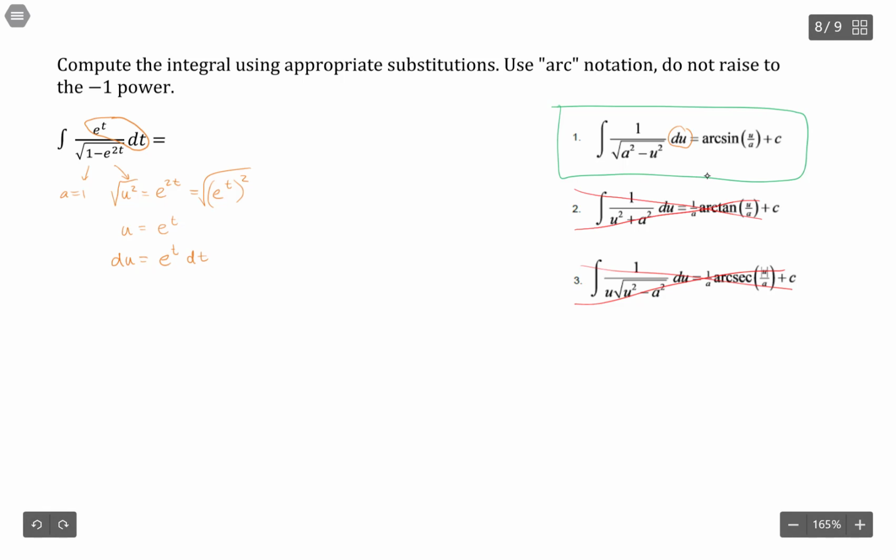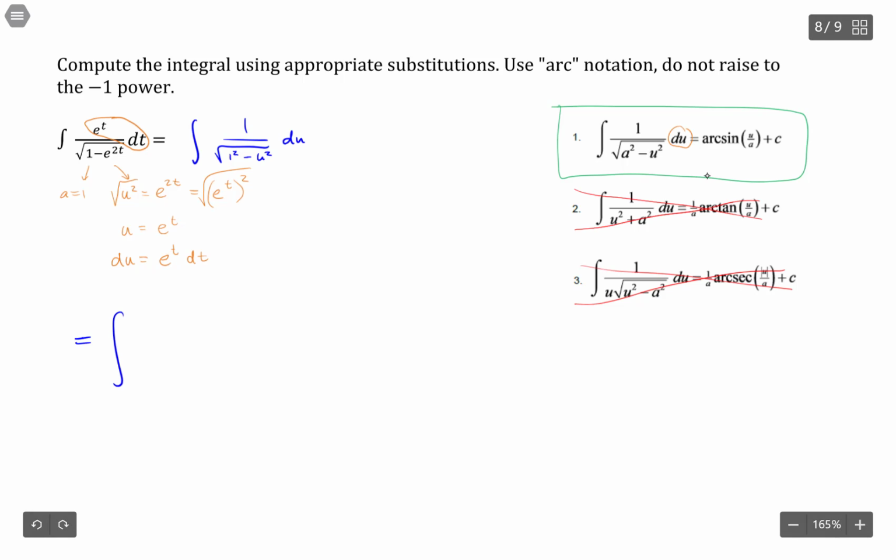This effectively changes us into the integral of 1 over the square root of 1 squared minus u squared, where u is e to the t, so minus e to the t squared, and du equals e to the t dt. That is exactly the form that we need in order to evaluate this integral.